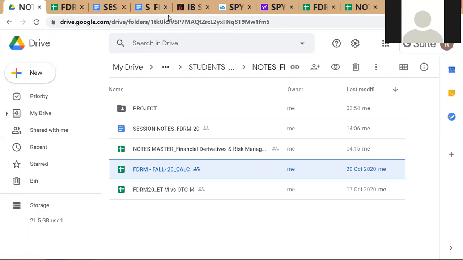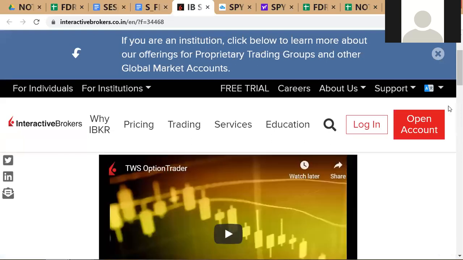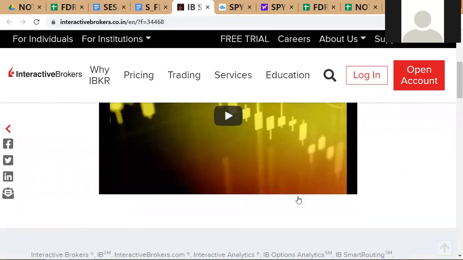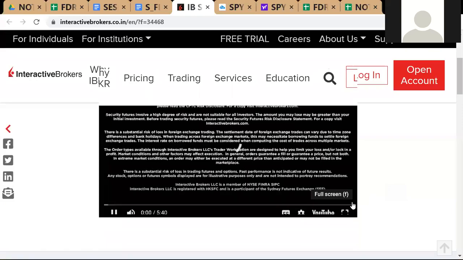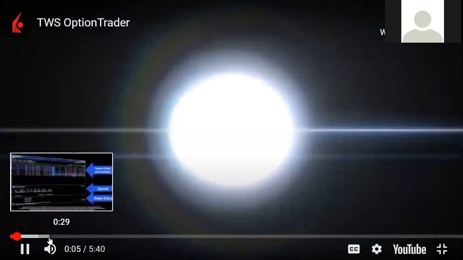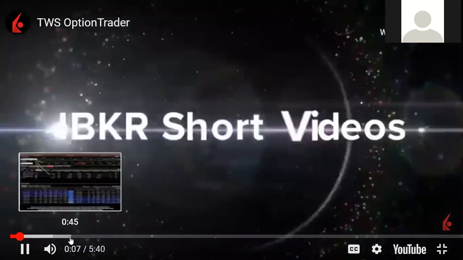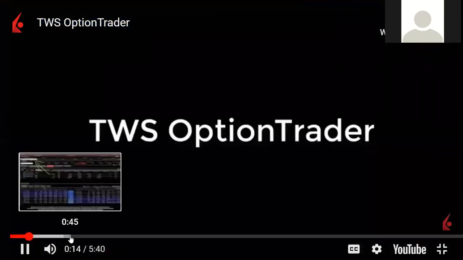And so you can see here, if you launch this, it will show you how to do it. You can do it from any ticker. Option Trader. You can see it for yourself.